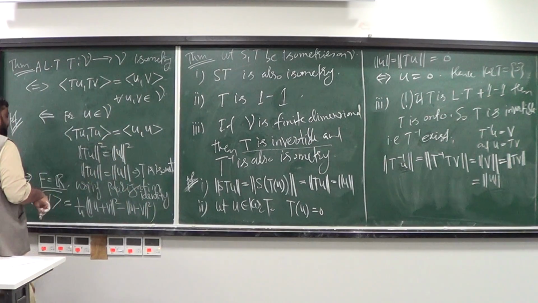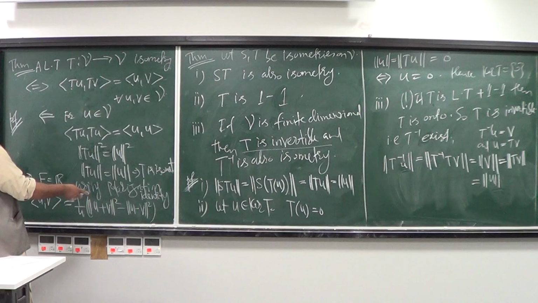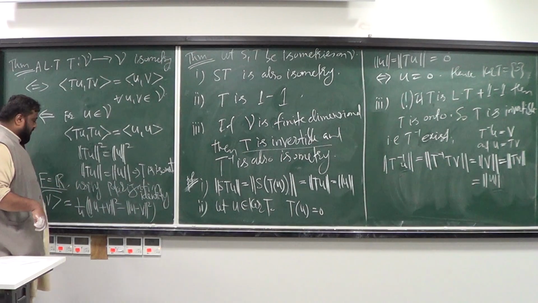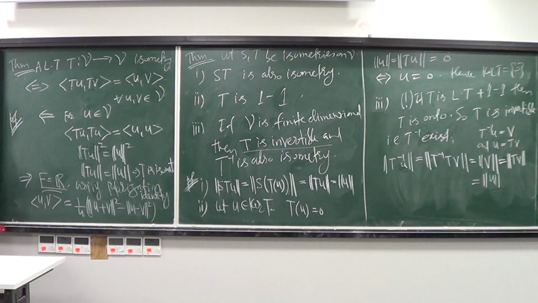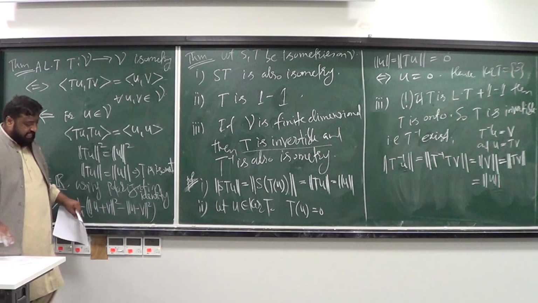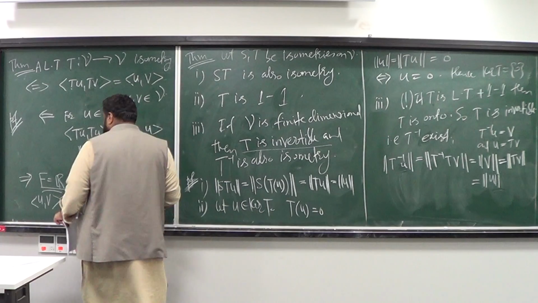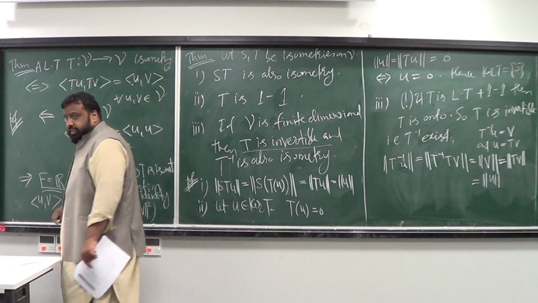So if you compute the norm of u plus v squared minus the norm of u minus v squared, you get 4 times the inner product of u and v. So this is the identity. Let's apply this polarization identity to Tu and Tv.